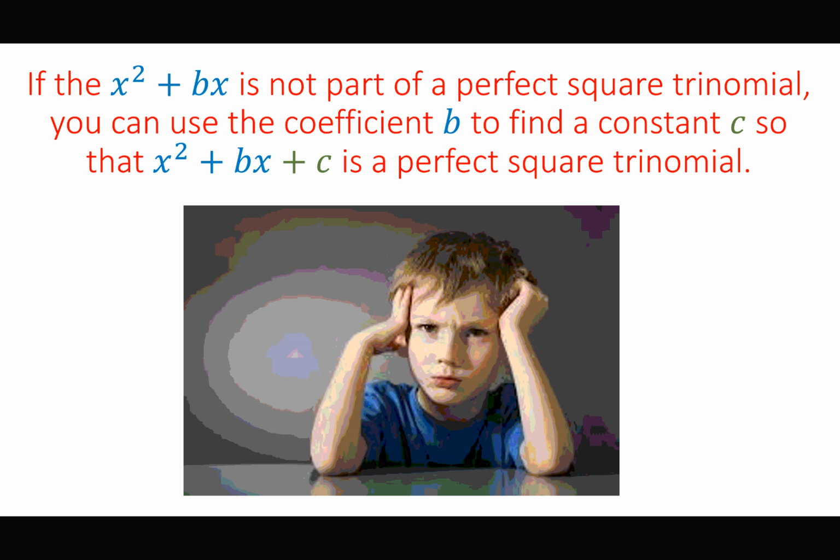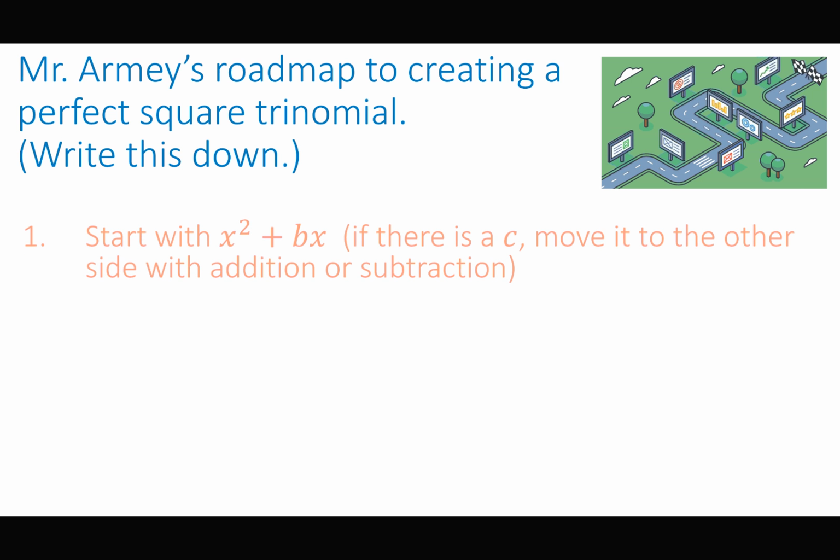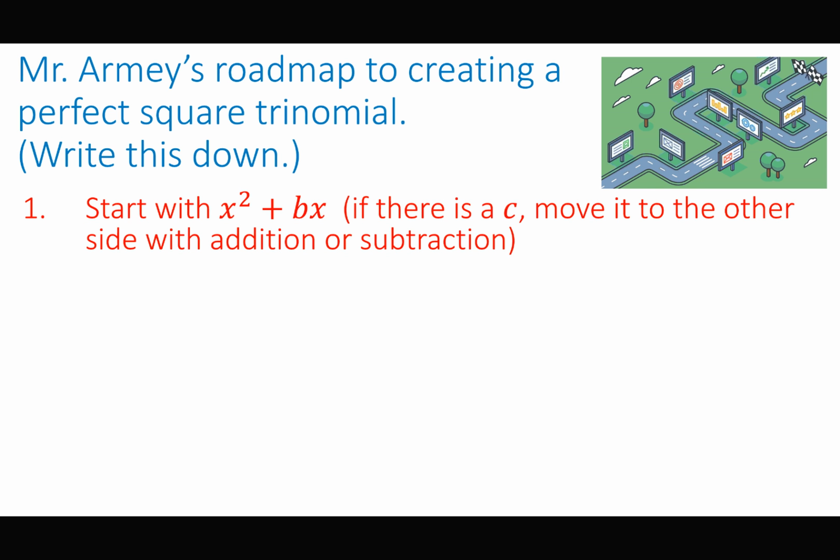All right, so that probably seems confusing to you. It's all right, we're going to work through that. So here's a roadmap to creating a perfect square trinomial that we can work with. So first up, start with that x squared plus bx. If there is a c, we want to move it to the other side with subtraction or addition.